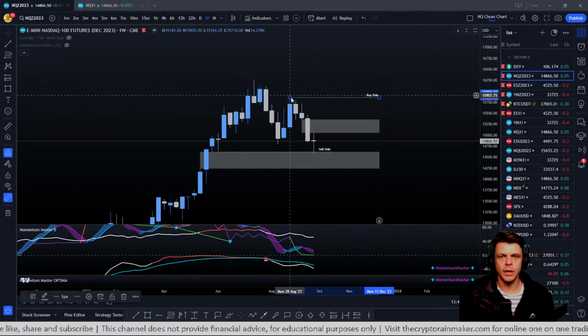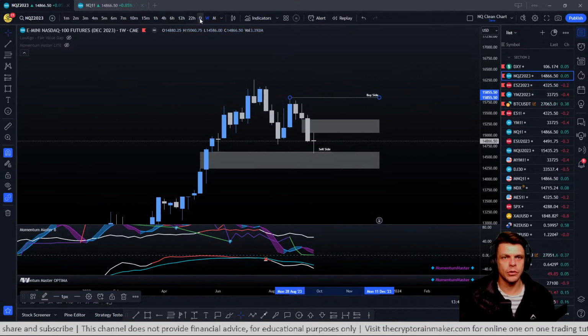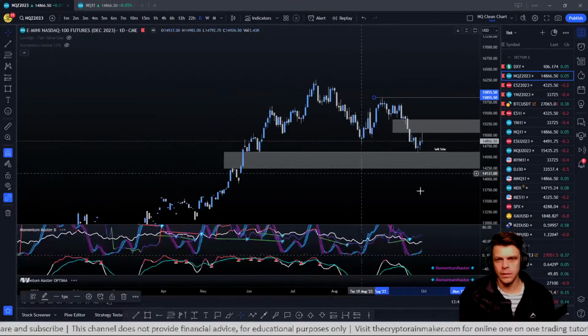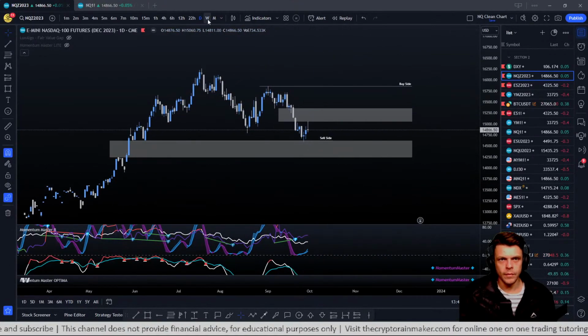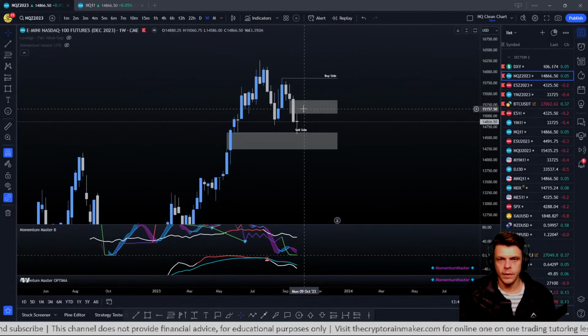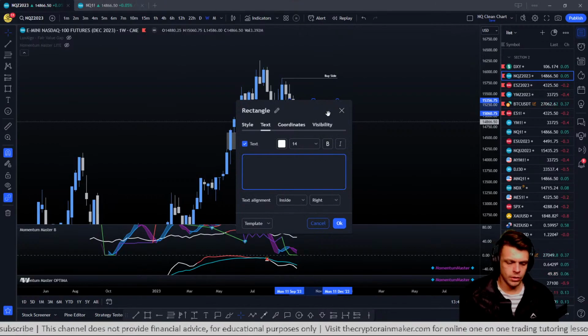So this is going to be a major liquidity pool because this is a SI high on the weekly chart. Okay, so let's just label this. So this is a weekly sell side imbalance, buy side inefficiency, fair value gap.